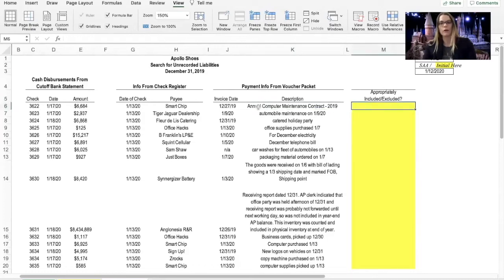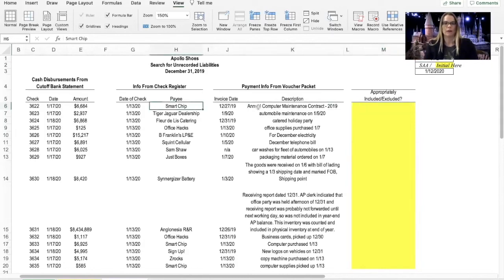And so we know 2019 expenses need to be recorded in 2019, right? So I would want to record that expense in 2019. So that means I want the liability related to it also recorded in accounts payable as of 2019. So I know before I even look at AP, I think this amount should be included in AP, right?